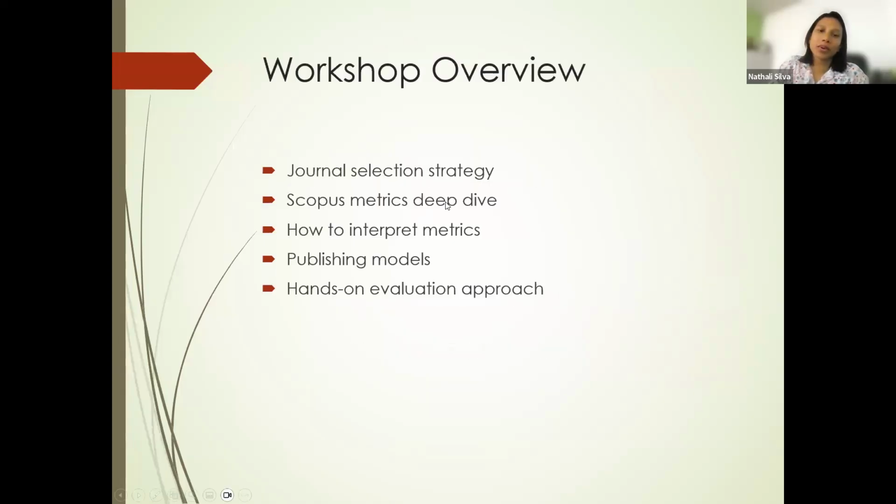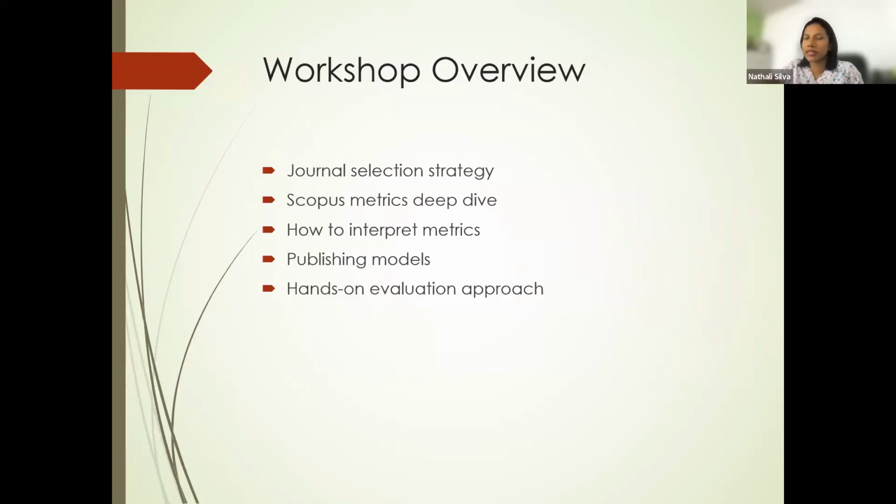Right. So today in this workshop, I'm going to discuss these few things: the journal selection strategy, Scopus metrics deep dive. We need to know about Scopus metrics because we are most of the time now targeting Scopus journals. But if we don't know how to determine the best Scopus indexed journal, then that's going to be an issue.